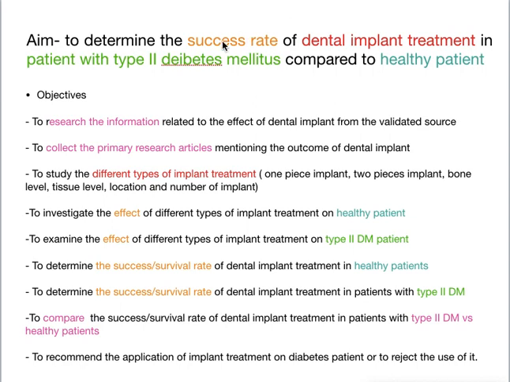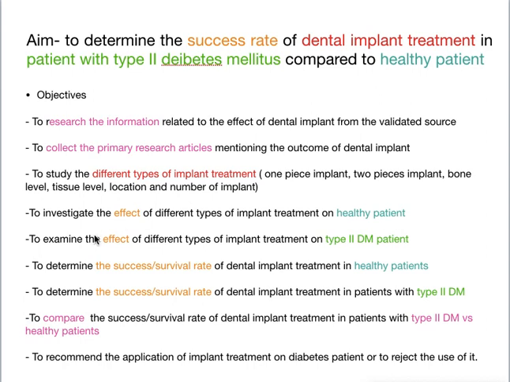Next one, do we know about success rate? Do we know about implant treatment? Do we know about diabetes mellitus? And do we know about healthy patients? So we are going to narrow down step by step. We are going to study the different types of implant treatments, maybe whatever this is. If you want to delete this part, you need to change it here. And then we are going to investigate the effect of those treatments, but only in healthy patients.